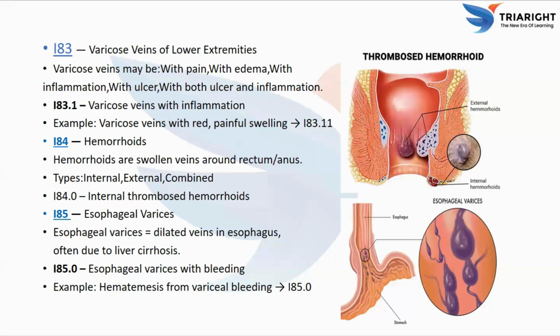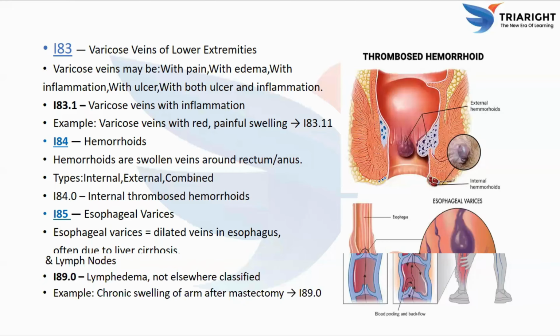For example, when a patient with liver cirrhosis is vomiting blood, this condition results in hematemesis. So what do you have to code? You have to code I85.0. You can see a picture of esophageal varices, swollen, balloon-like veins inside the esophagus. This can rupture and cause bleeding.